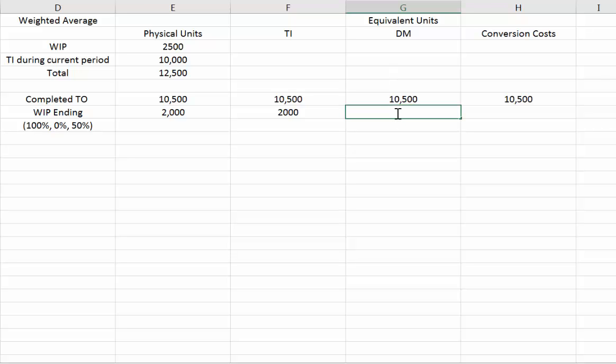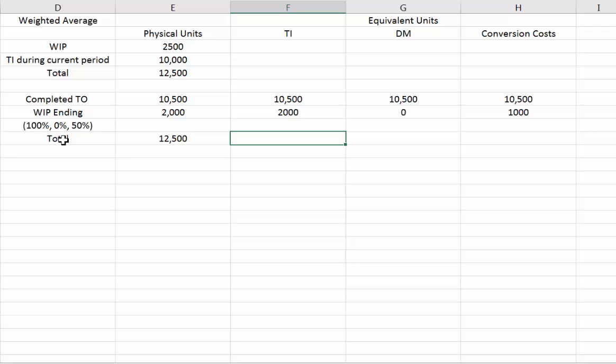Okay, so let me multiply this by basically 2,000 times 0, you get a 0, and for this one I'm going to multiply 2,000 times 50%, so you get a 1,000. So the total will be the following. First of all, the number of physical units is still 12,500.